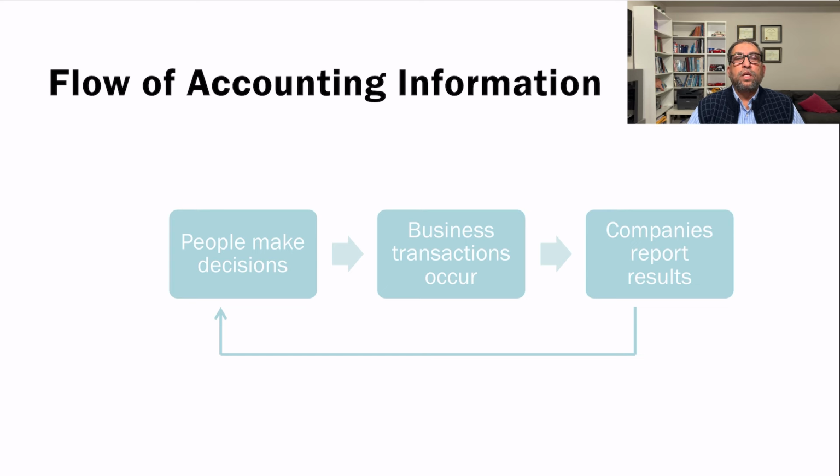When they make a decision, the financial impact of that decision is reported as a business transaction. Whenever there is a business transaction, we have to record it in our accounting records. And companies show the result of what we did during the last accounting period as financial statements. Companies report results in the shape of an income statement, a statement of retained earnings, a balance sheet, or a cash flow statement.